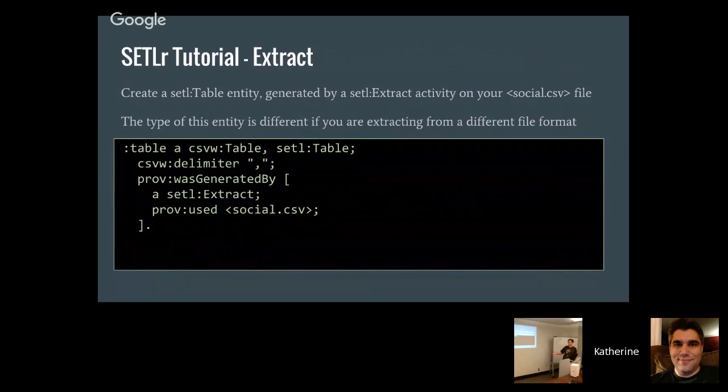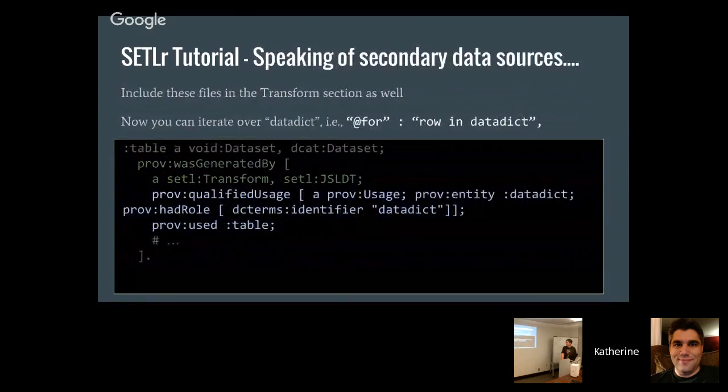For the HBGDki example right now, one of them is a local file and one of them is the URL to a Google Sheet exported as CSV. And then you include the qualified usage, so it preserves the provenance of the auxiliary tables as well. And then you can refer to that when you perform the conversion.